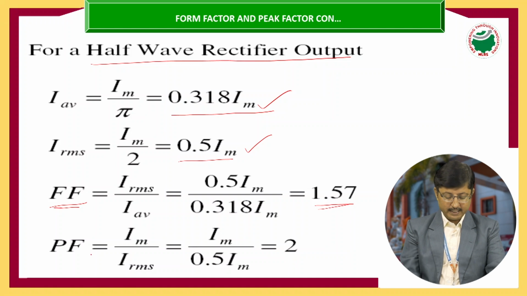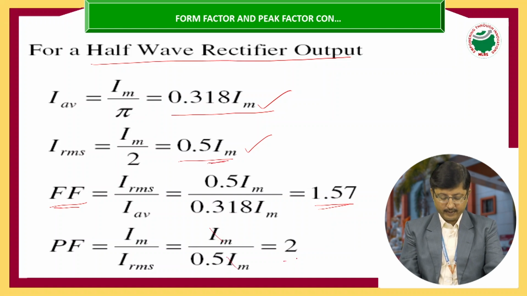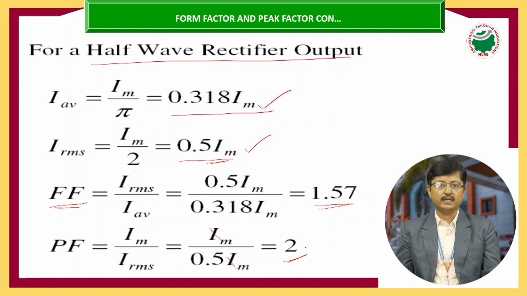And the peak factor is nothing but Im divided by IRMS. IRMS is 0.5 Im, so Im will get cancelled here. Then finally we get the peak factor as root 2, that is 2 only. So these are the form factor, peak factor, RMS value, and average value definitions and expressions we have seen.